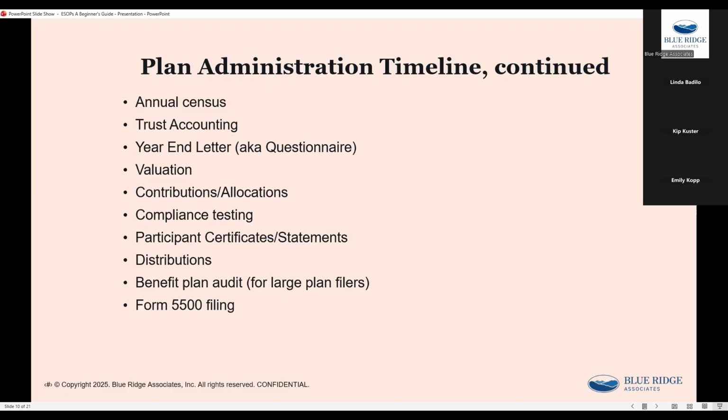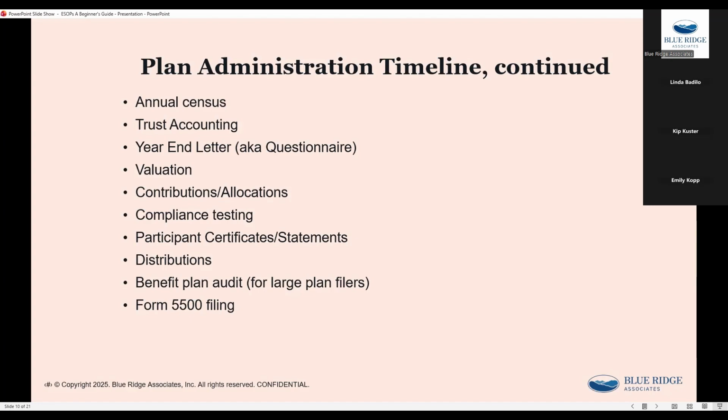Once we go through that determination of who's eligible to receive a contribution, if your plan is an audited plan, so like Linda was saying earlier, if the plan is a large plan filer where you've got over 100 participants, it's a good idea at this point to have your auditors take a look at the determination of eligible compensation.